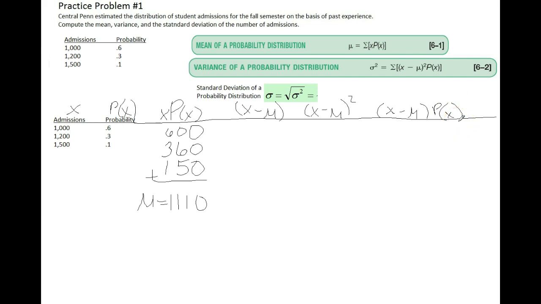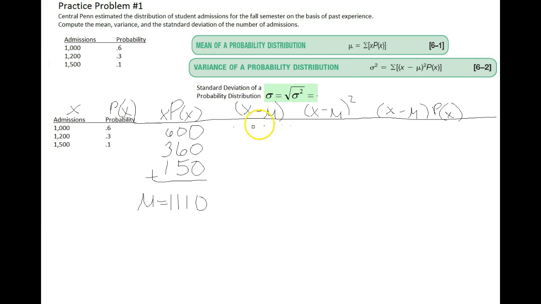So X minus mu, we have our X value, which is right here, this column here, and we have our mu, our mean, that we had to calculate before. So to calculate this, we are going to do 1,000 minus 1,110, which is negative 110.